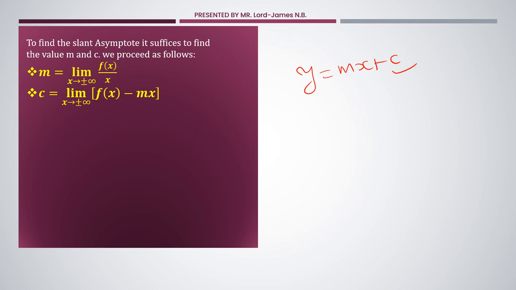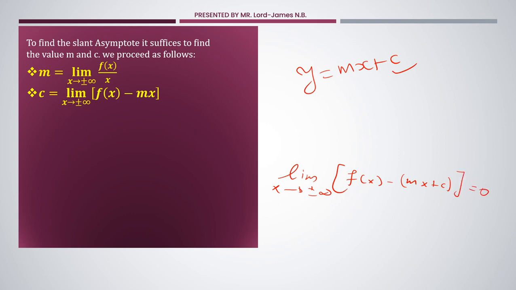If we are asked to prove that, let's say, the line y equals mx plus c is an asymptote to a curve, then it suffices to show that the limit as x approaches plus or minus infinity of f of x minus the line, mx plus c, gives you 0.